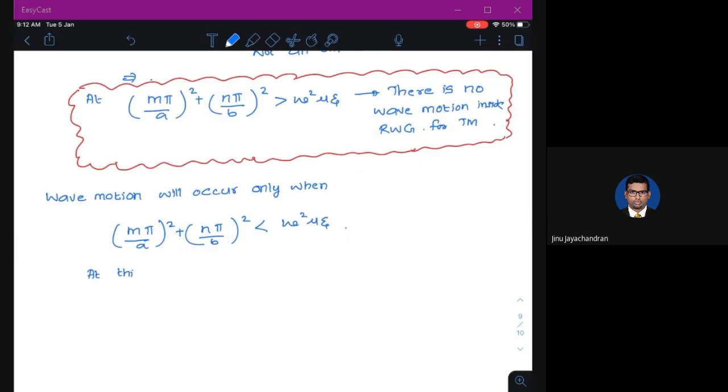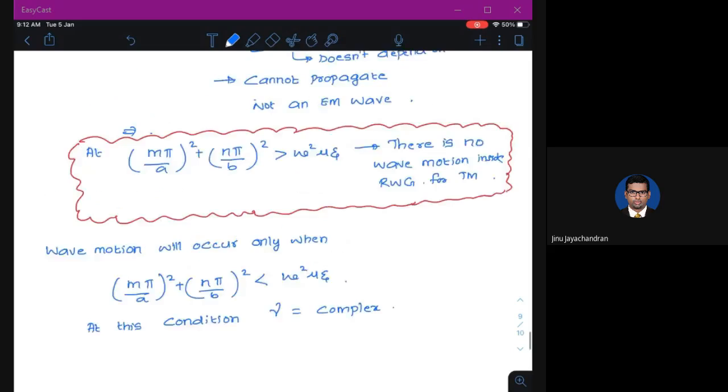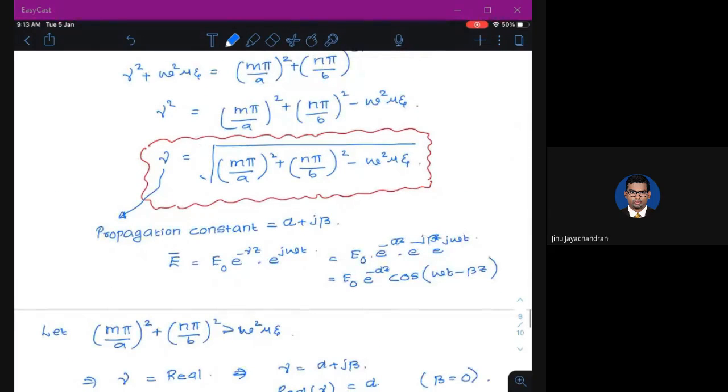At this condition, the value of gamma is complex, because when you have this value less than this value, this is a negative value.